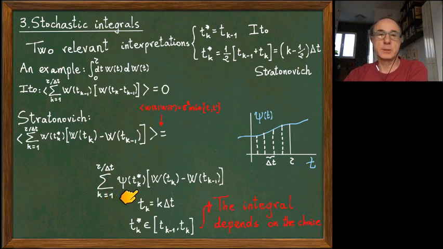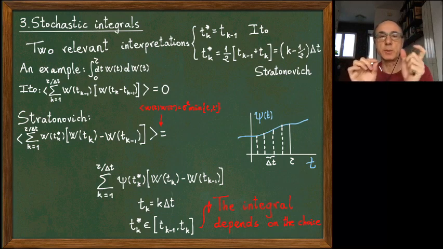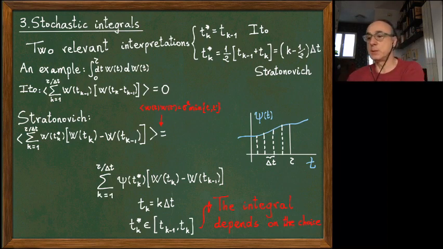You remember that we had to go back to the Riemann sums, and depending on the choice of this point, which is a point in the interval when we have a partition and we integrate to approximate the integral by a sum, the result depends on the choice of the point inside the interval, which is something that doesn't occur in the normal integrable functions in the Riemann-Stieltjes theory of integrals or definition of integrals.